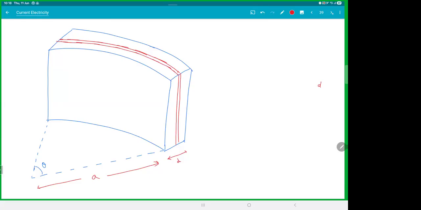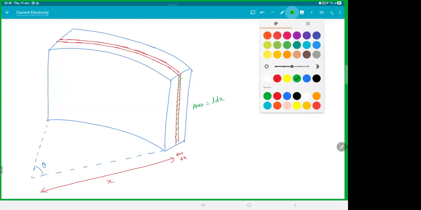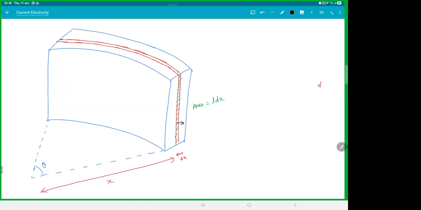Are you guys able to see how it is? So at a distance x from the center, we will take a thin dx. For this thin strip, this will be the area, the green one which I'm shading. That area will be L dx. Basically, current is going to come out of this strip.